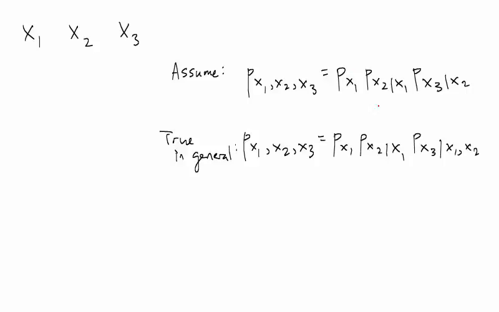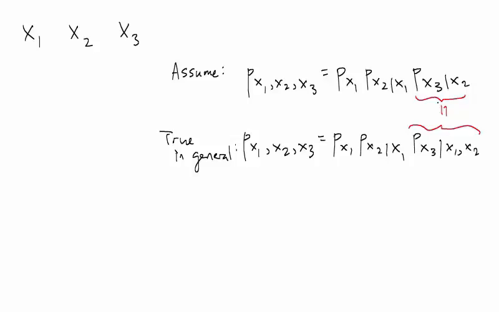By comparing these two equations, because they're both representing the joint probability table, we see that this structural assumption says that this thing is equal to this thing down here. Okay? The probability of x3 given x1 and x2 is the same thing as the probability of x3 given x2, meaning that x1 doesn't tell me anything new about x3 given that I already knew x2.